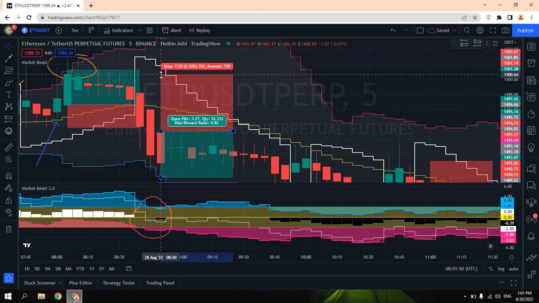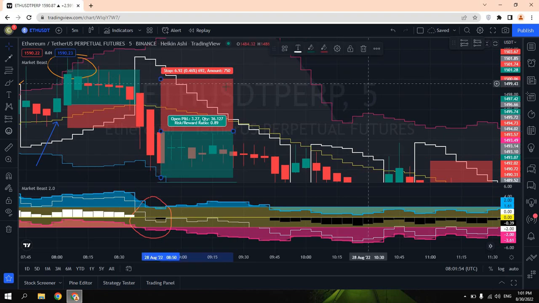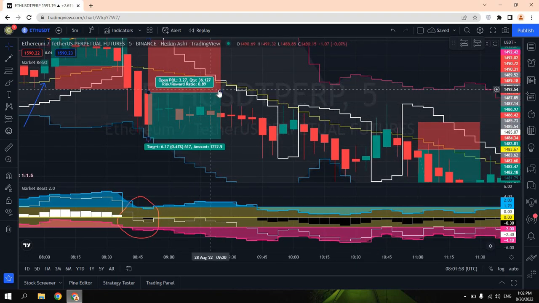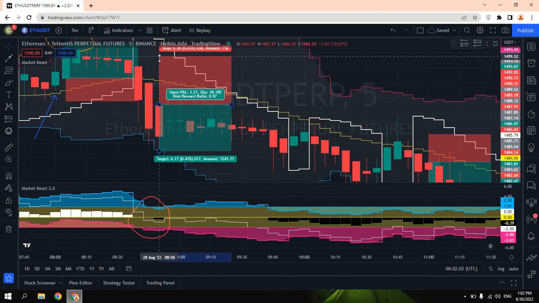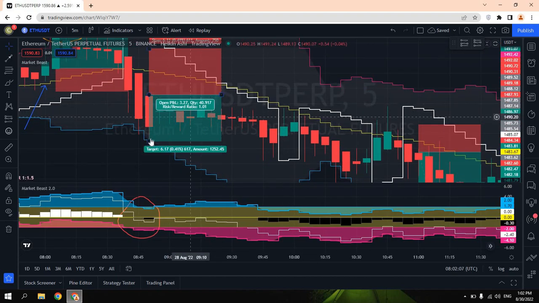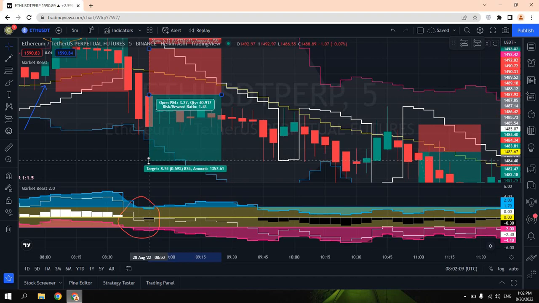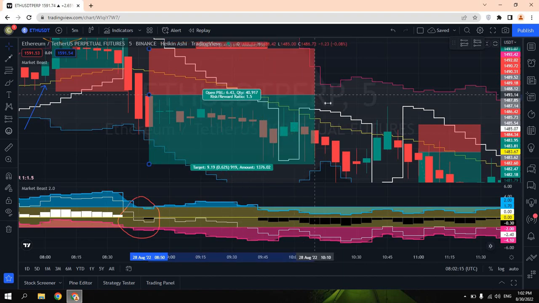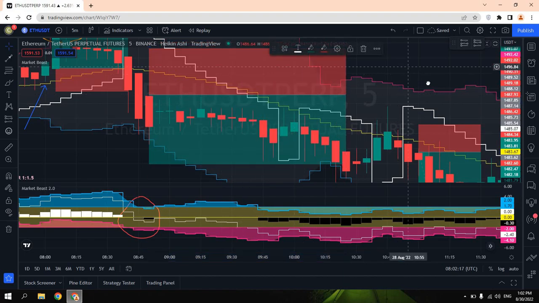So I will suggest here that stop loss should be around this white line, and our take profit will be 1:1.5. This is our stop loss in this candle. We will work for 1:1.5. Risk reward done, and here we hit our target.